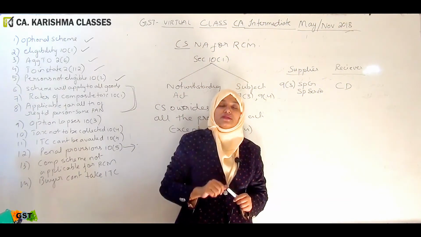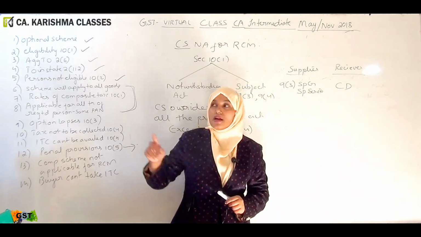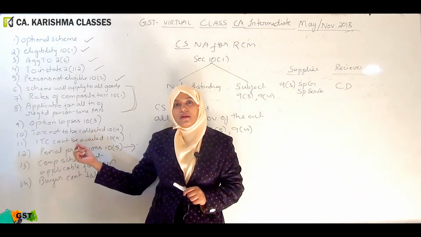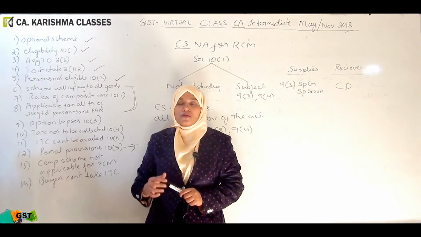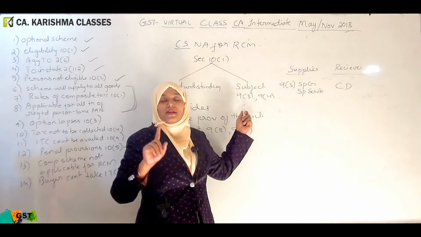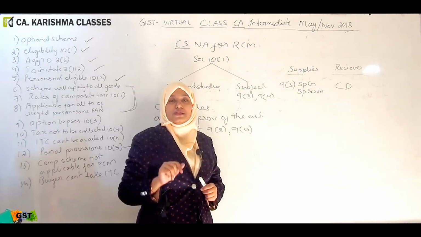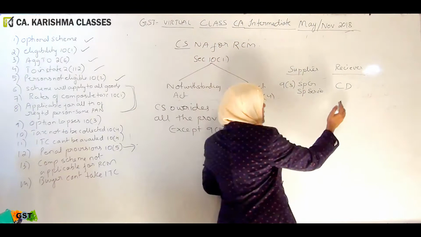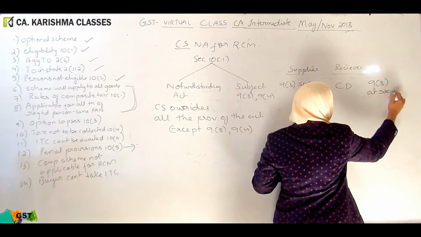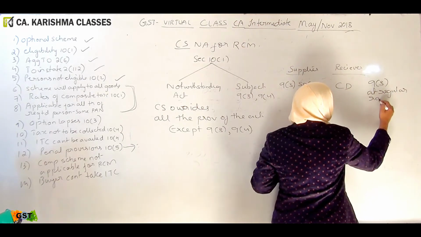Now, the composition dealer will get a doubt. On such inward supply, can I pay tax according to composition scheme, the rates which we have seen here? This doubt they will get. So here we are saying, no, you cannot pay tax at the rates of composition scheme. In this case, 9(3) will apply at regular rates. You have to pay tax at regular rates.